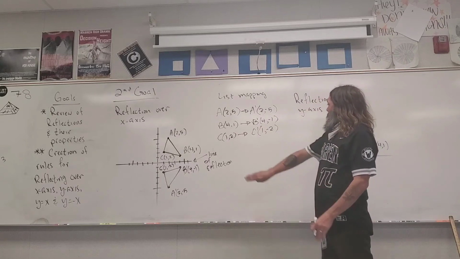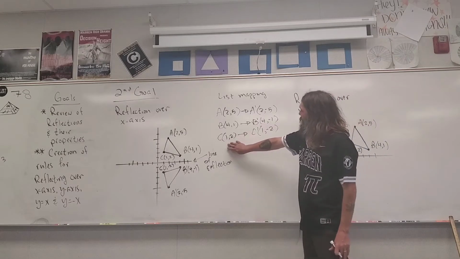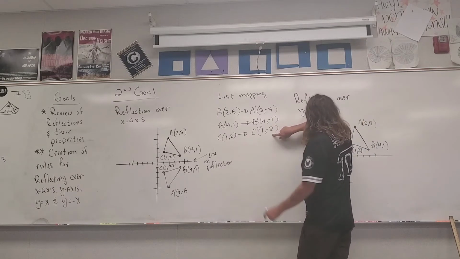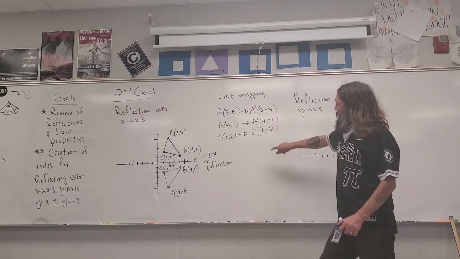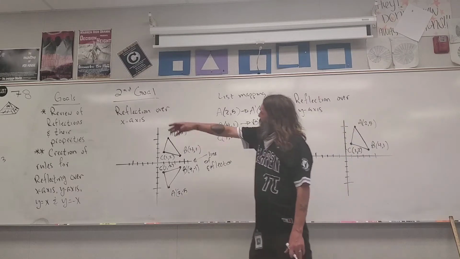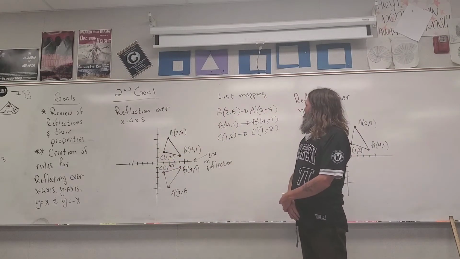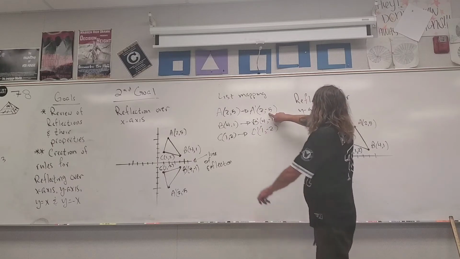So the numbers are in the same order, but what looks like is happening is the y value is changing signs, right? So to reflect over the x-axis or flip over the x-axis, it looks like the y value changes sign.